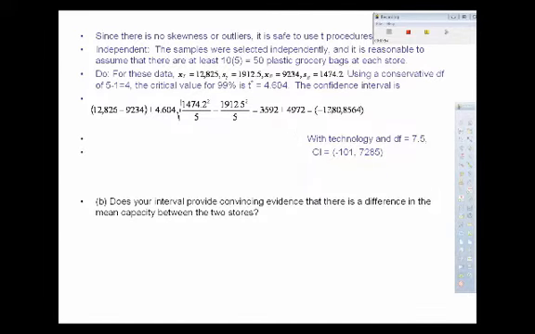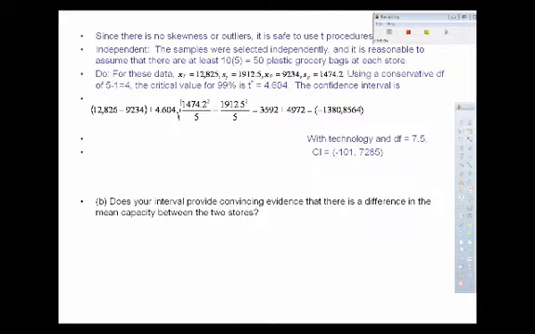And when we do, we get a confidence interval anywhere from negative 1,380 to 8,564. That's the difference in the two.